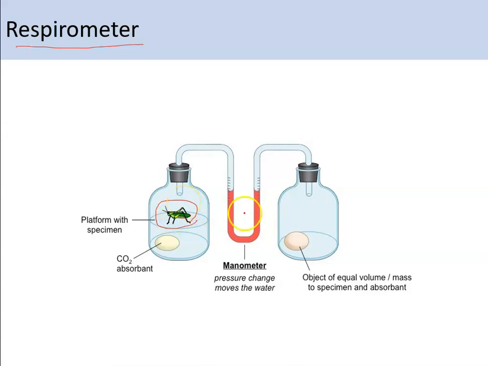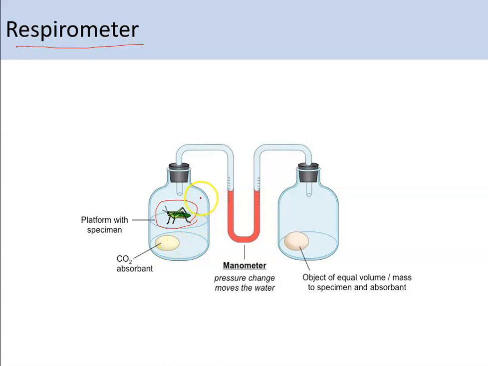So let's go back to the experiment. How should the setup be and how does it work? In this bottle we have the insect, and as you can see there is a carbon dioxide absorbent.